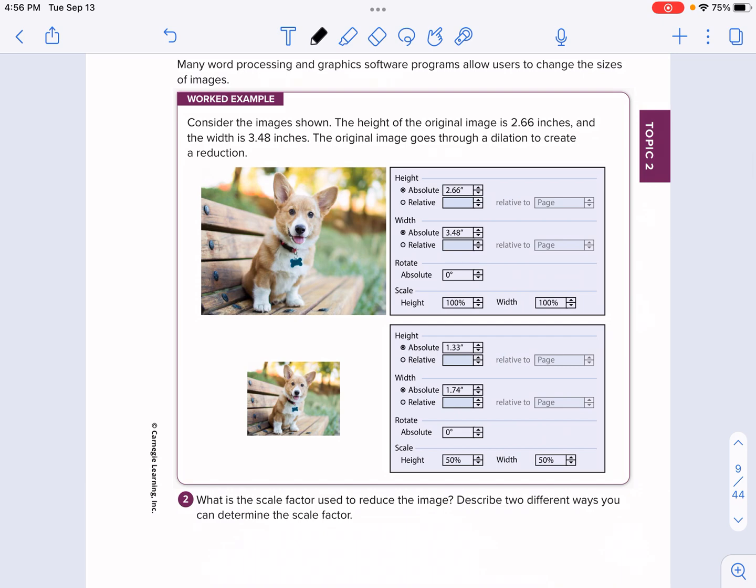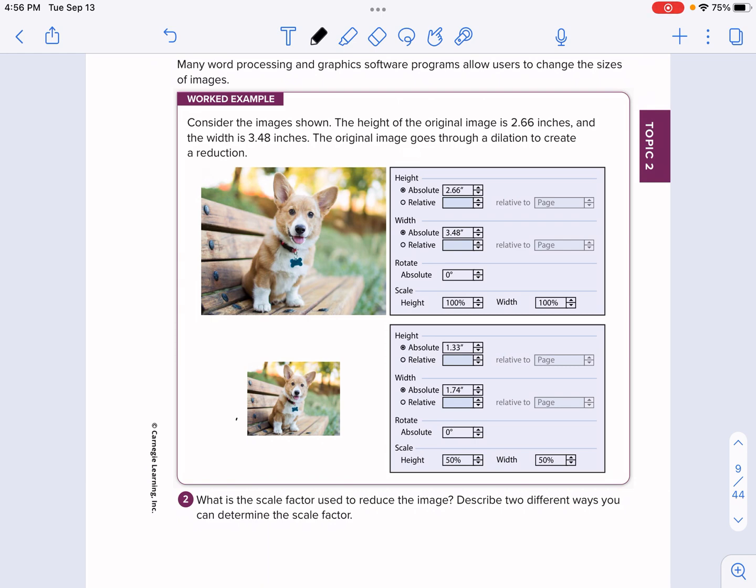Next page, it does say, many word processing and graphic software programs allow users to change the sizes of images. So this could be Photoshop or PowerPoint or something where you can format a picture. We have this original picture of this corgi and then this new picture of this corgi.